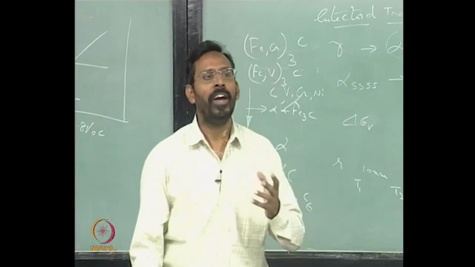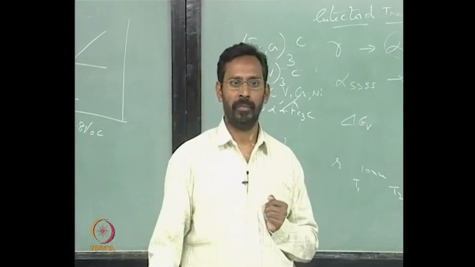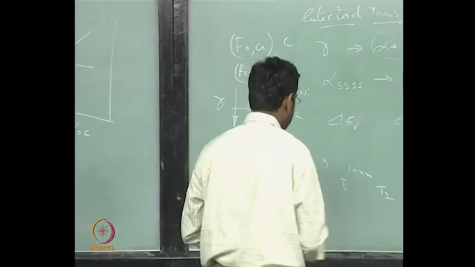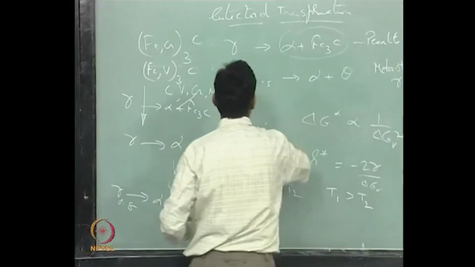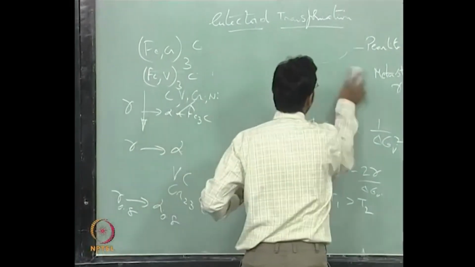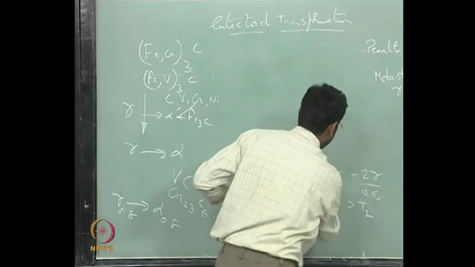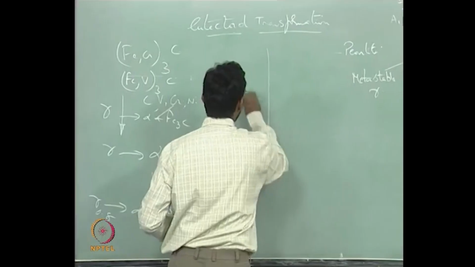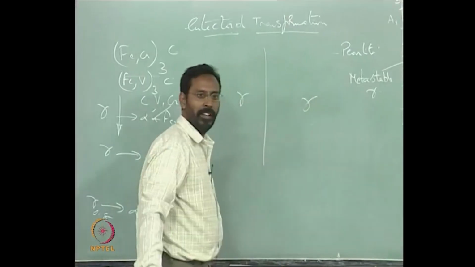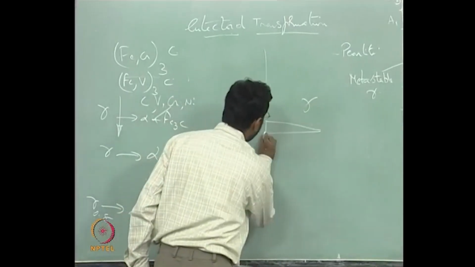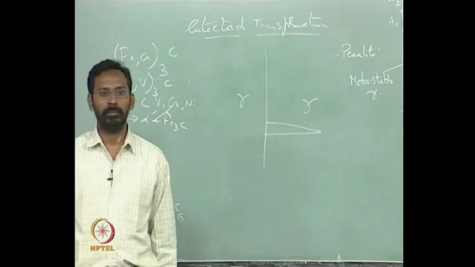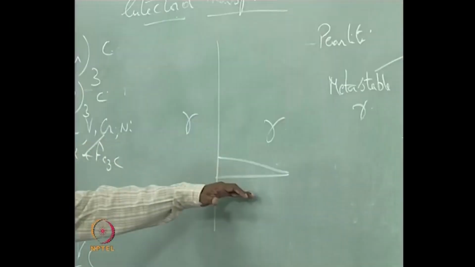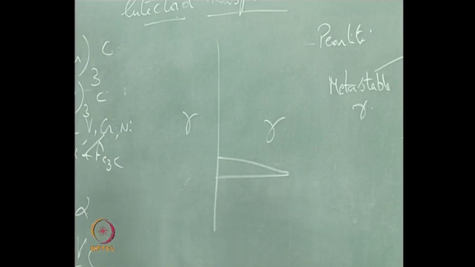Now the question of where does this carbon get rejected? That is where you see that this alpha, and because only a structural change is taking place, if I have a gamma interface, the alpha that comes out will come out as an acicular form, because the nucleation is taking place at a lower temperature.